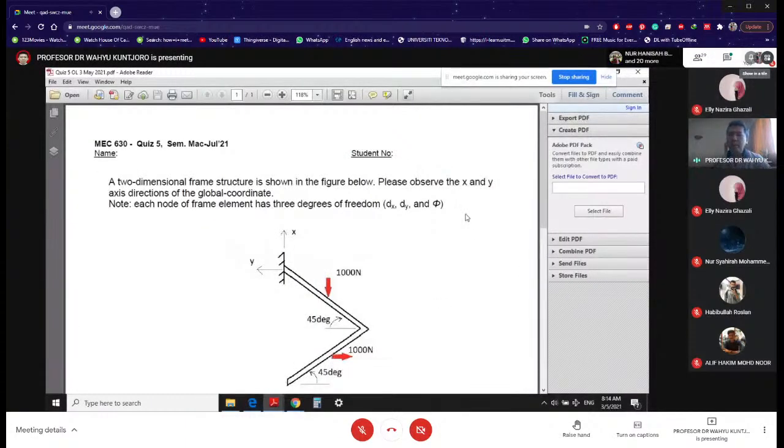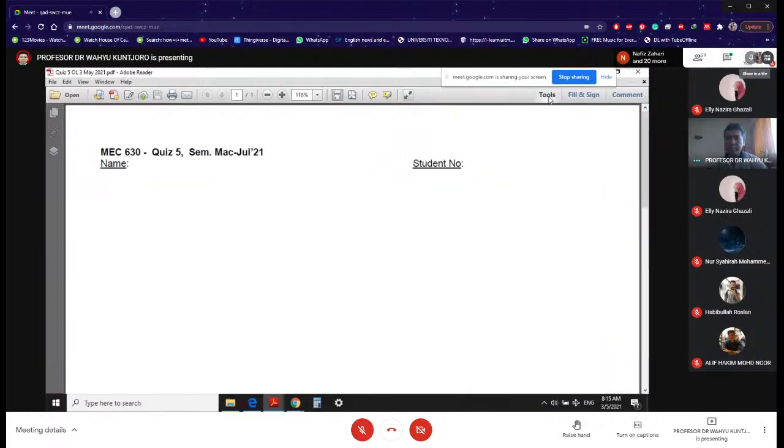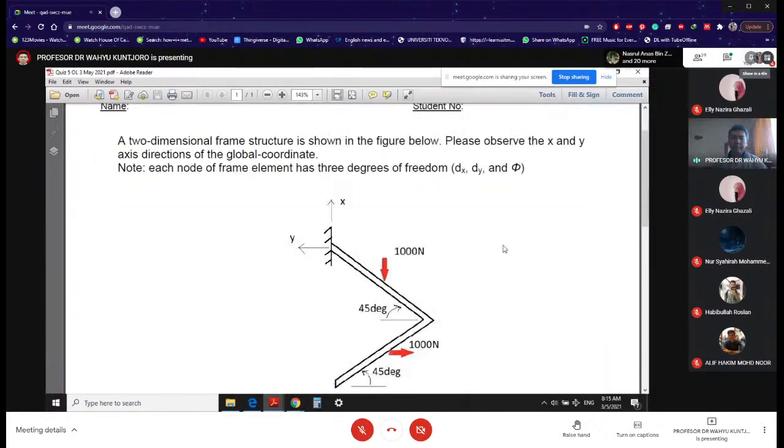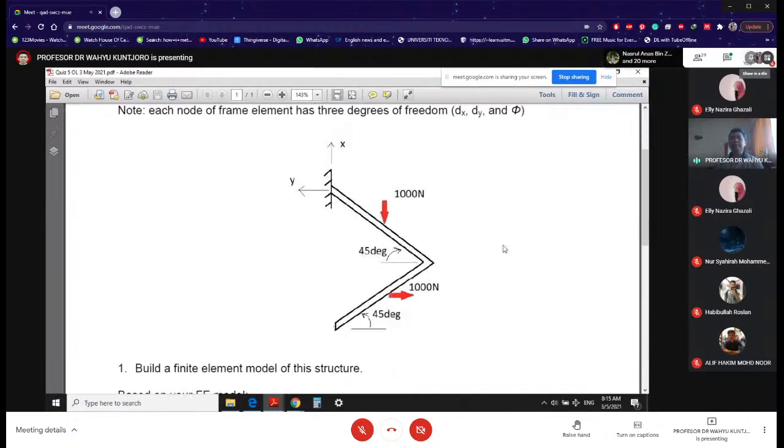Okay, so I hope everybody can see what we have here on the screen. This is your quiz. That is a two-dimensional frame structure. Number one, as usual, you have to build the finite element model of this structure.